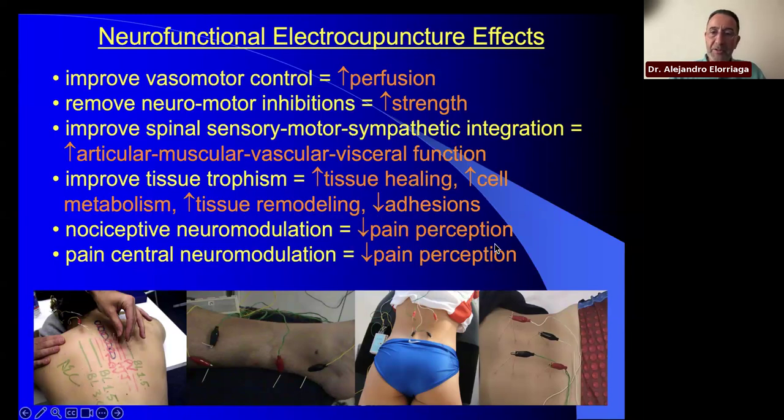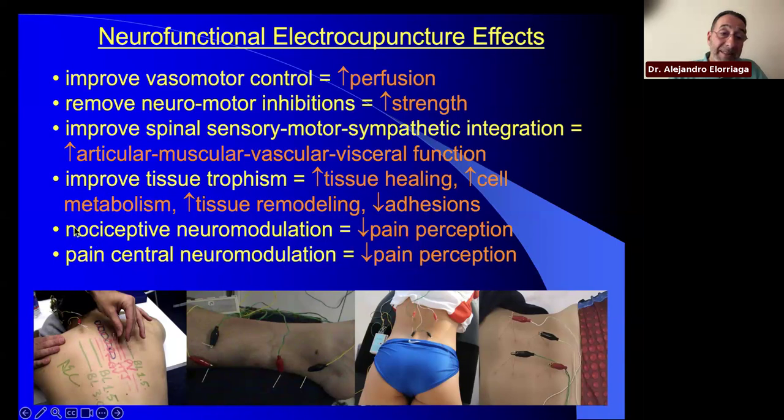But you have also two additional goals and strategies. You can decrease pain perception simply by modulating nociceptive signals. For instance, in an acute tissue damage, you can put needles, you can put ice, you can use other means, and you can decrease nociceptive signaling, and that will decrease the amount of spinal arrival of nociceptive signals, and therefore decrease the amount of signals that go to the brain, and that will decrease the pain perception.